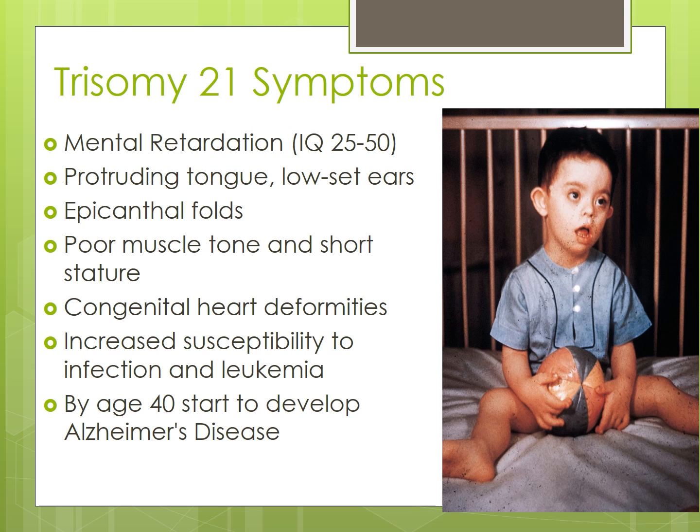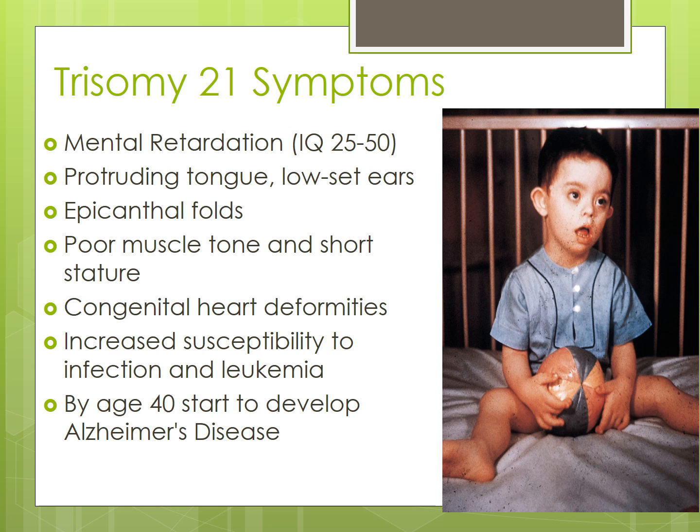In general, these individuals have poor muscle tone and shorter stature. Unfortunately, they are affected by congenital heart deformities, so they have a high risk of heart disease and heart complications. They also have increased susceptibility to infection and leukemia, and various immune problems.